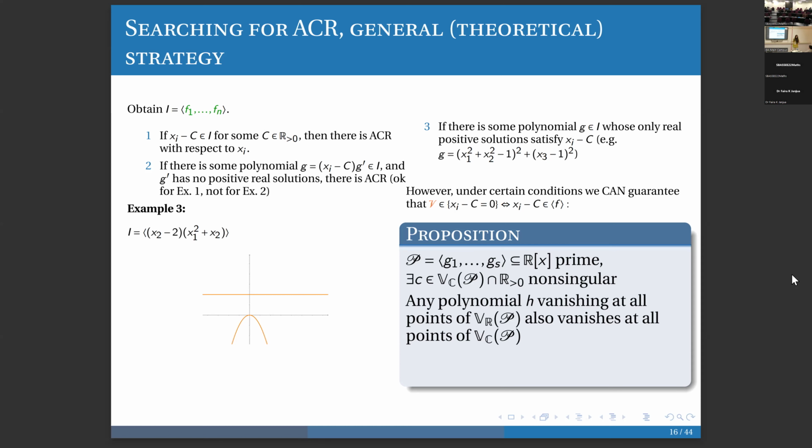This is something I can use. This you can find in the real algebraic geometry book. So the point of my next result is that if I can find in an irreducible variety a non-singular real point, then all the complex points satisfy all the equations that the real points satisfy.